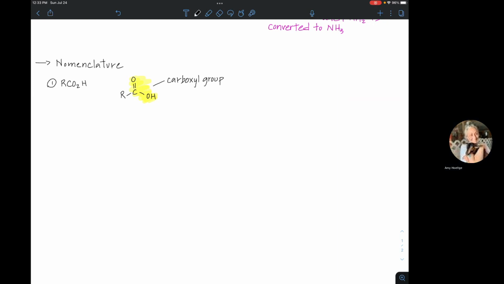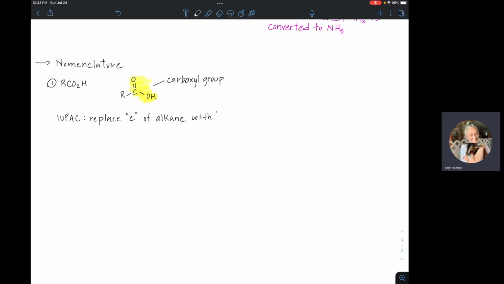IUPAC nomenclature, pretty straightforward. We're going to replace the E of the alkane with oic acid. So you name the parent hydrocarbon, and you're going to replace the E of the alkane name with oic acid.